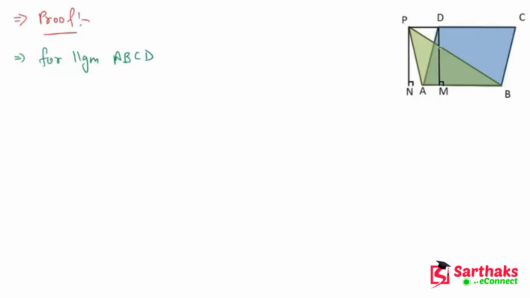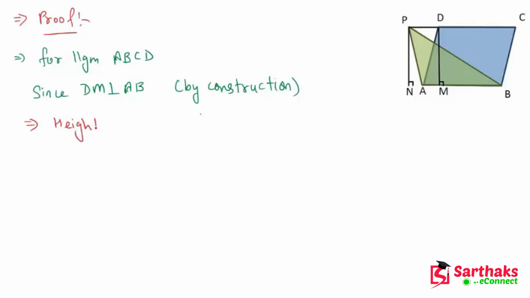In this case the height is DM and the base is AB. So we can write, since DM is perpendicular to AB, by construction. So the height is DM and the base is AB.